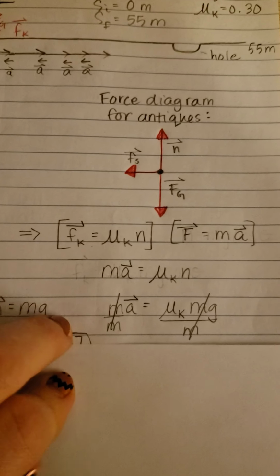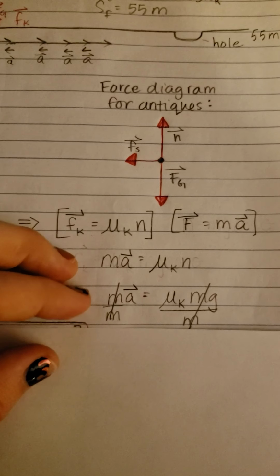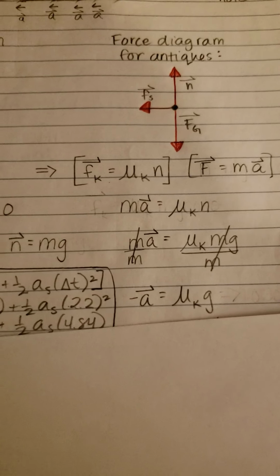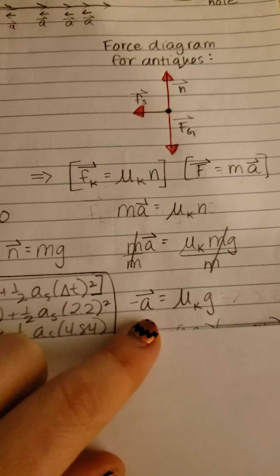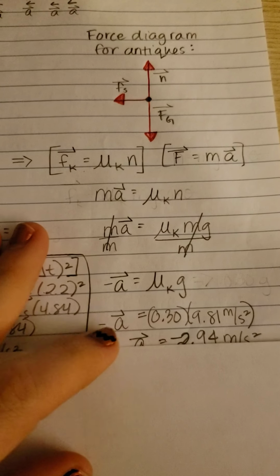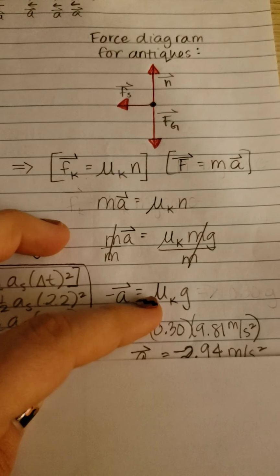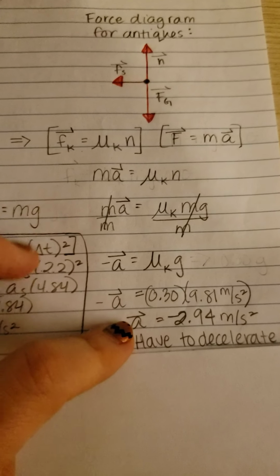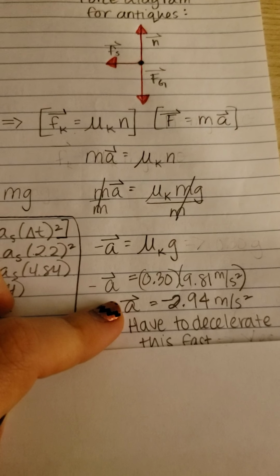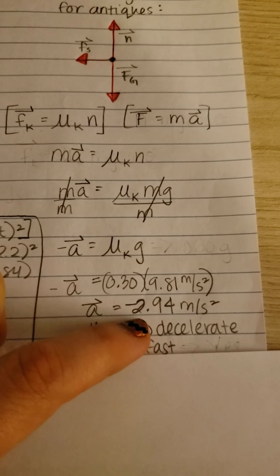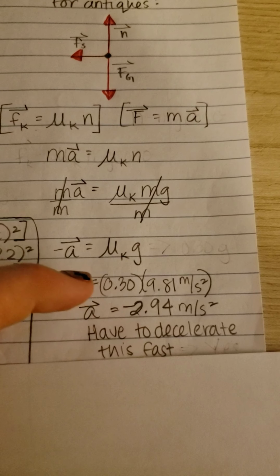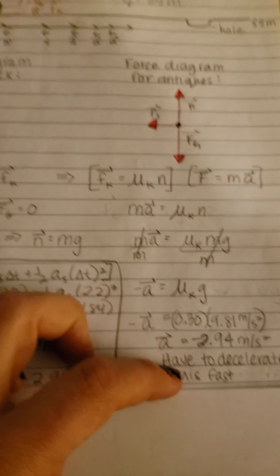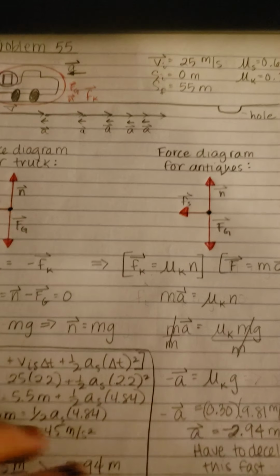So coming back over here, we can do some algebra, get rid of that mass, and end up with our equation for acceleration being mu kinetic times gravity. So plug in our numbers, and here we can show that negative 2.94 meters per second squared is how fast we would have to decelerate in order to miss that hole.